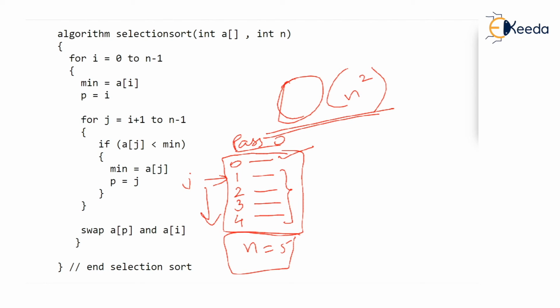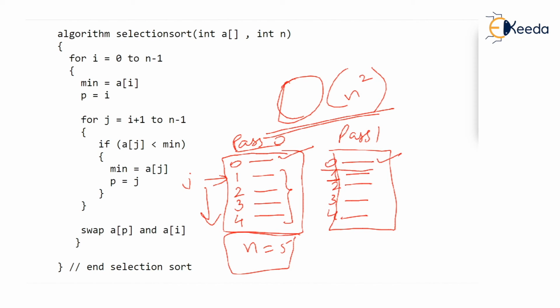Now, what do you do in pass 1? Tell me. In pass 1, you check who is the minimum from first place to last place, n minus 1, because the 0th element is safe now. So how do you check the minimum from 1 to n minus 1? You assume the first element is the minimum and then start j with 2 and go up to n minus 1.